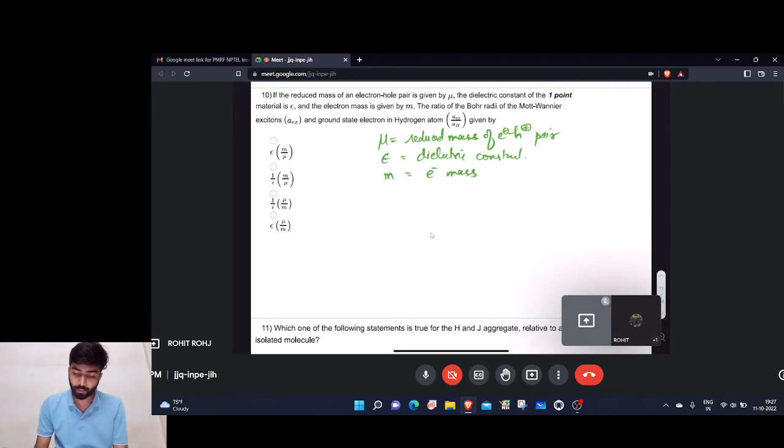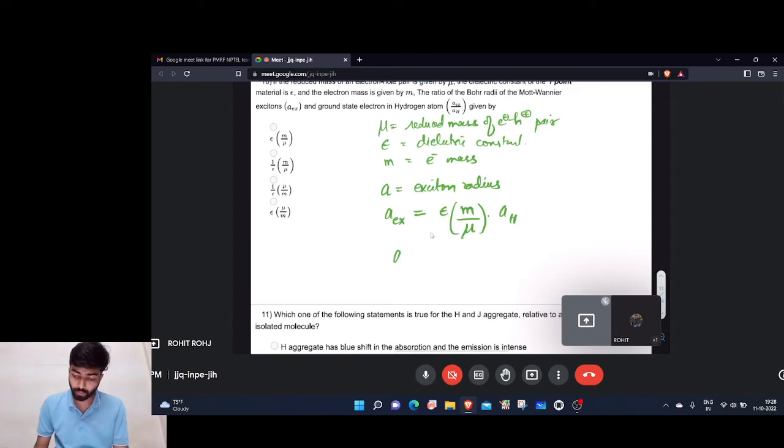Then we know that the following expression holds: if A is the exciton radius, then the exciton radius is equal to epsilon times the mass of the electron divided by the reduced mass times the Bohr radius, where A of H is the Bohr radius.